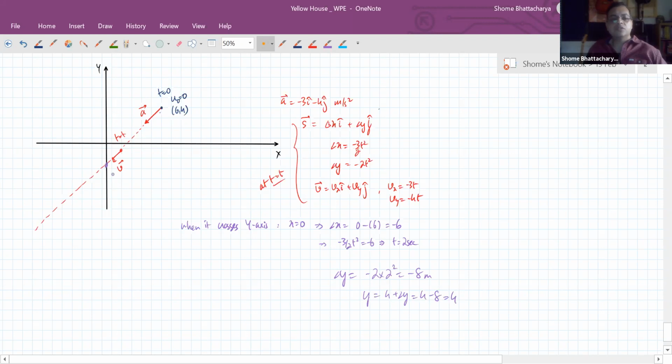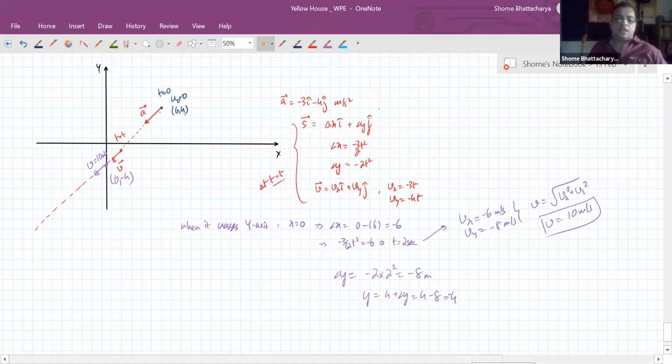So this point where it crosses the y-axis will be 0 comma minus 4. You can also see that its speed will become 10 meters per second, because at t equal to 2 seconds, Vx is minus 6, Vy is minus 8. So V is square root of Vx square plus Vy square. So it's 10 meters per second.